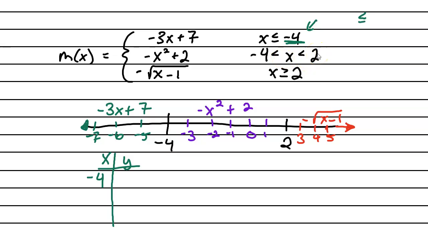So if you see this or this, those will be closed. If it has this or this, those will be open circles. So this negative 4 on this particular portion is going to be a closed circle. And then I can use negative 5, negative 6 here.